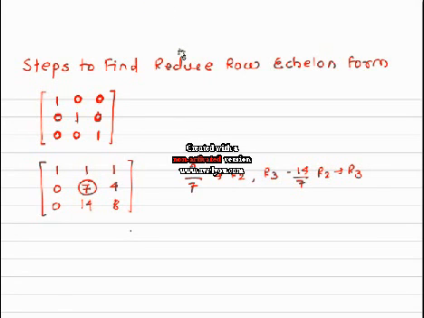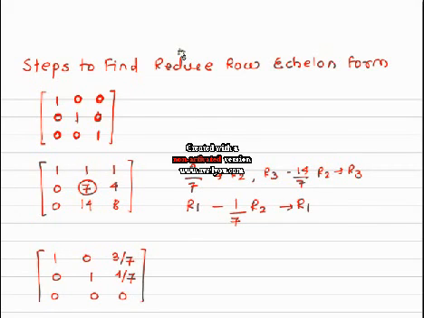And the third row operation, to make the above entry 0, is R1 minus 1 by 7 times R2 gives the new R1.